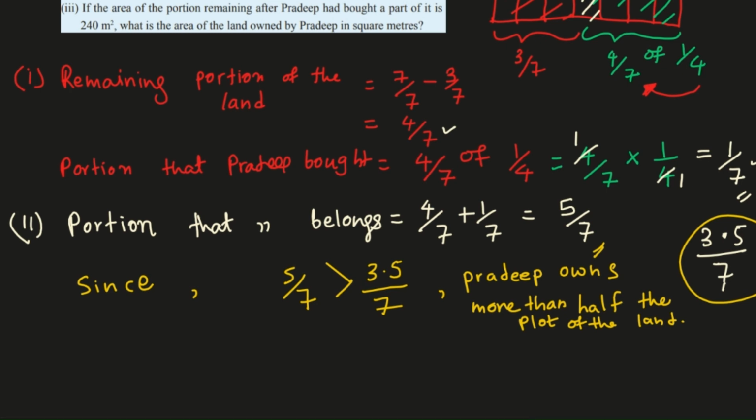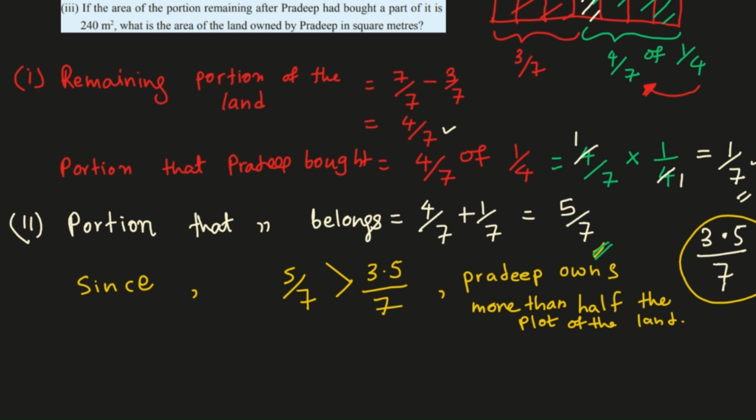We have already calculated. We know that it's 5 upon 7. So the remaining part will be 2 upon 7, right? How did we calculate it? 7 upon 7 minus 5 upon 7. So the remaining part will be 2 upon 7.